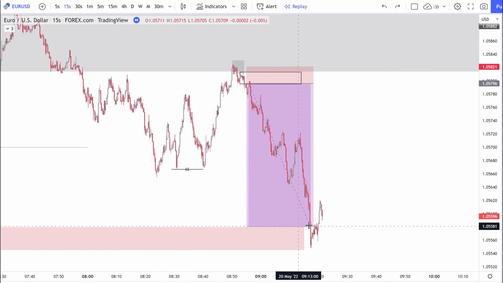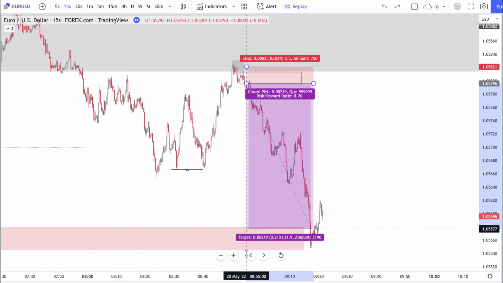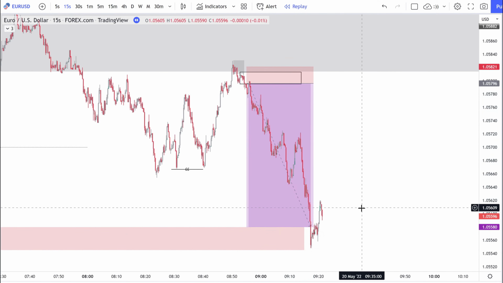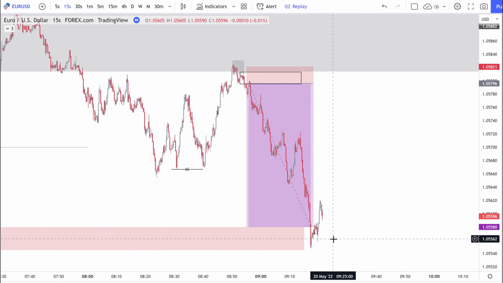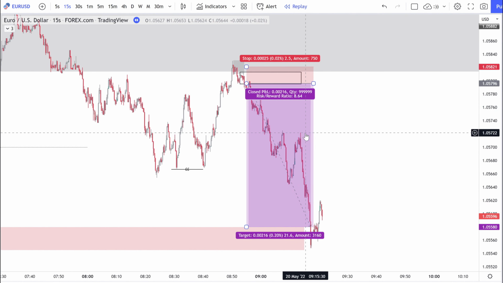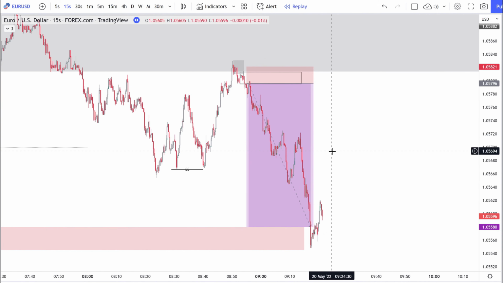Because let's say you come in here and you had your target all the way down at the EQ of the 15-minute range, which is fine. But the thing is, you don't want to run 8 points, let's just say 8%, and then give it all back.